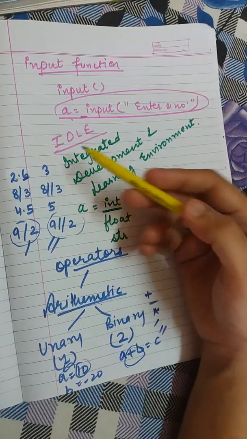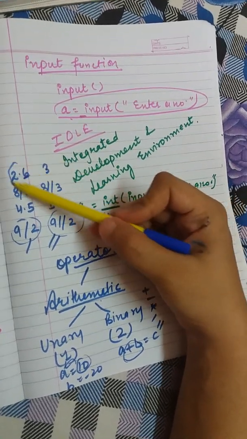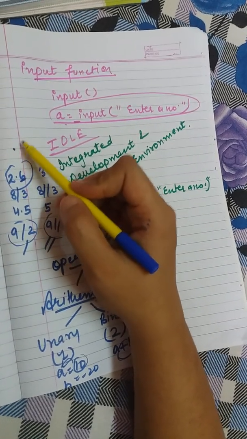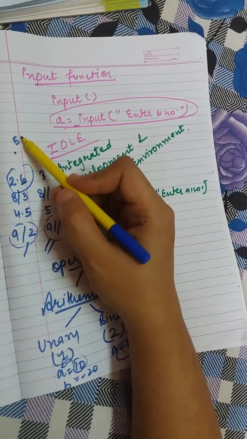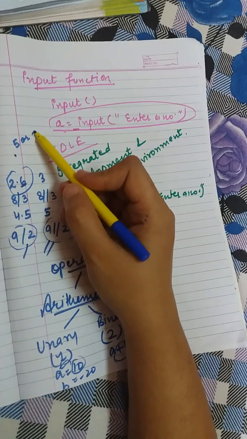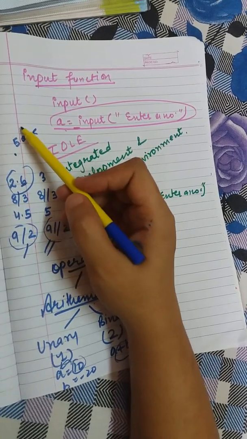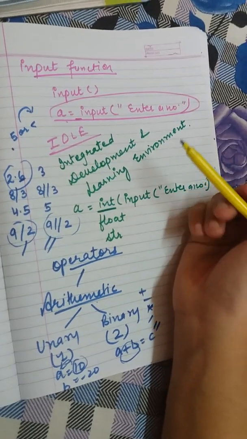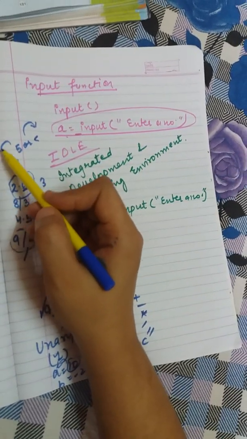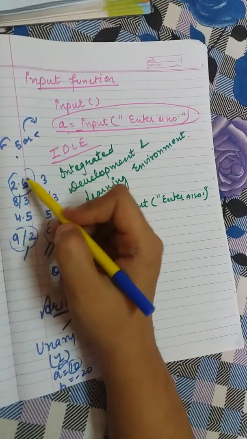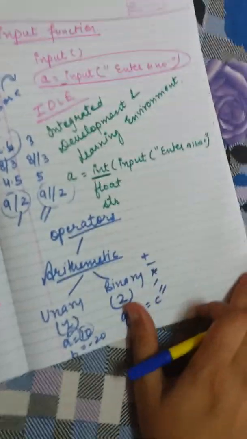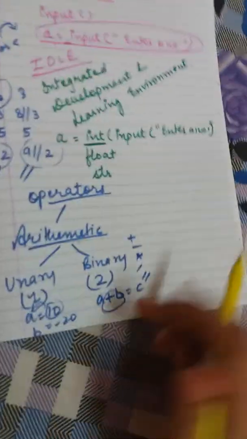So I am going to round off this 2.6. You all know that if after the decimal you have a value 5 or greater than 5, then you have to convert it into the next integer. If below 5, then the previous integer. If it would be 2.3, then you have to make it 2 only. So this was about your arithmetic operators.